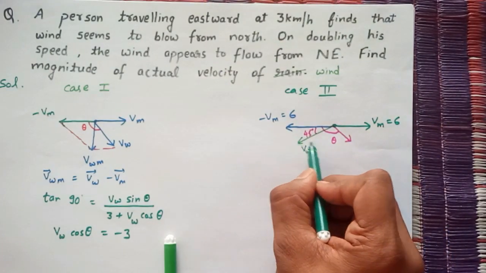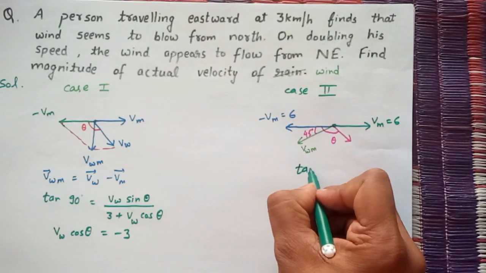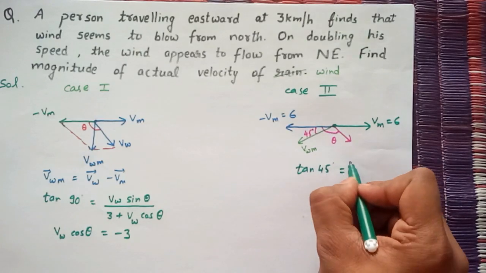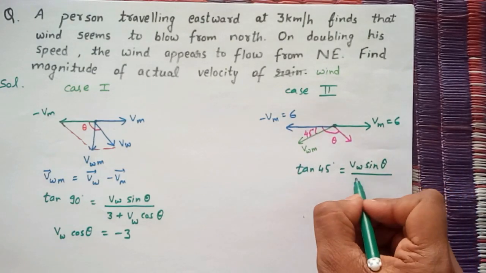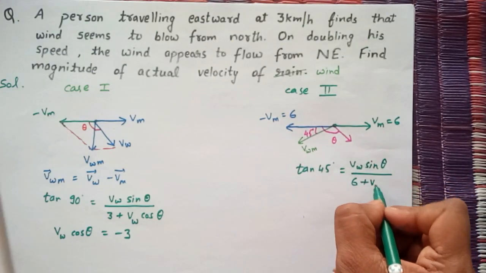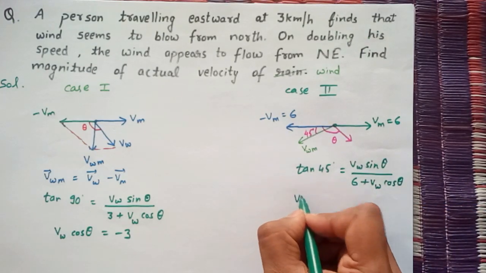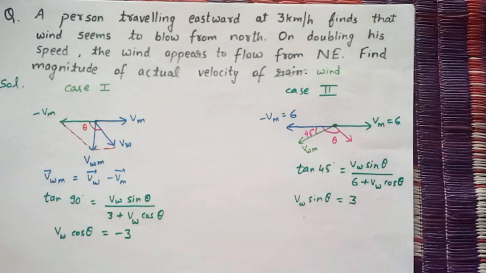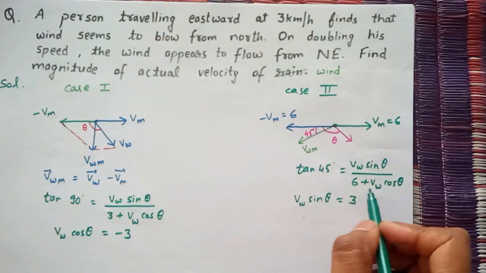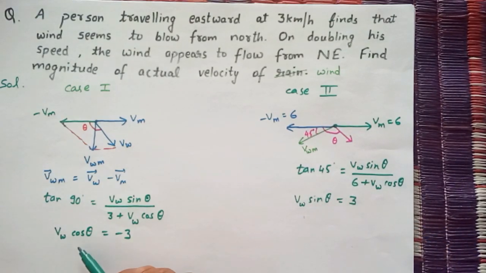Again an imaginary parallelogram is here, and we can write it as tan 45 degree is equals to velocity of wind sine theta upon velocity of man, which becomes 6, so it will be 6 plus velocity of wind cos theta. Hence putting the value, we will get that velocity of wind sine theta is 3. So this is VW sine theta and this is VW cos theta.